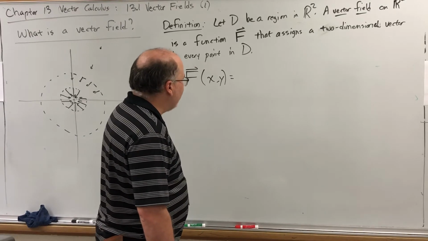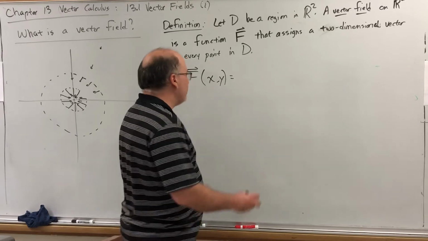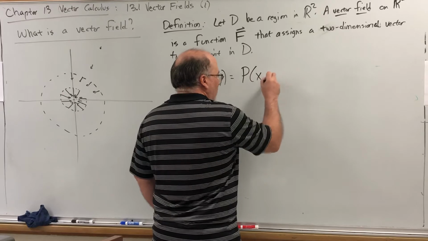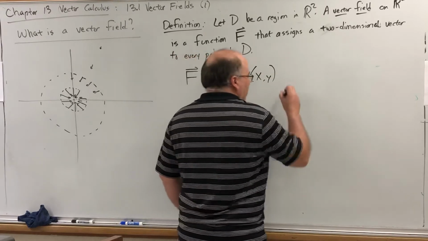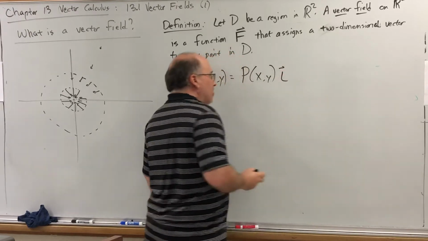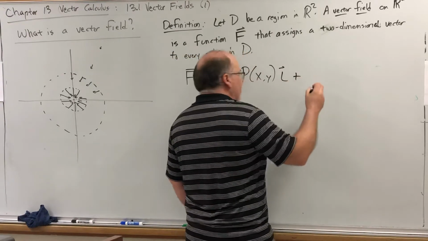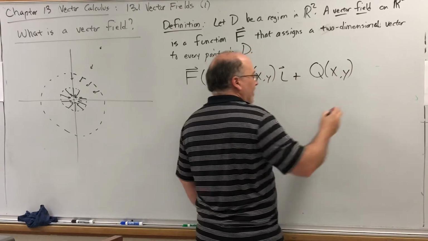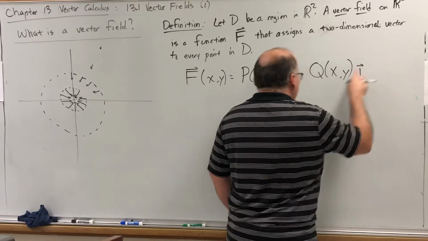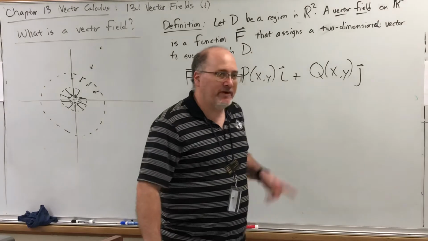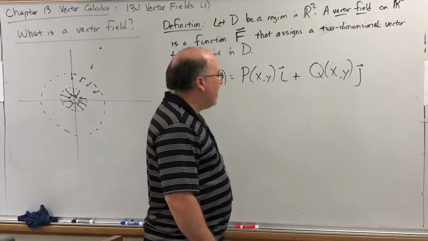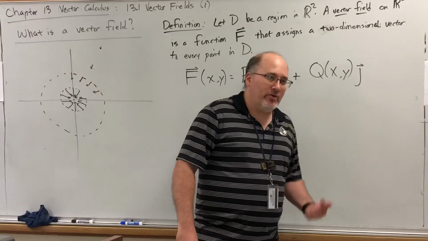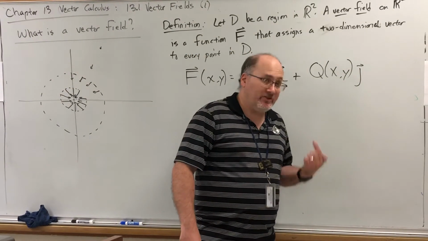And we could write that vector a few different ways, but we're going to write it as some function which we'll call p of xy, as that gives us the i component of the vector, plus another function, we'll call it q of xy, that gives us the j component of the vector, assuming that you know that i is the unit vector one unit in the positive x direction, and j is the unit vector one unit in the positive y direction.